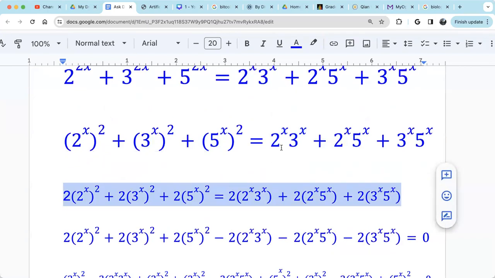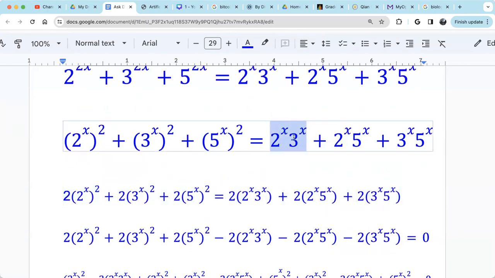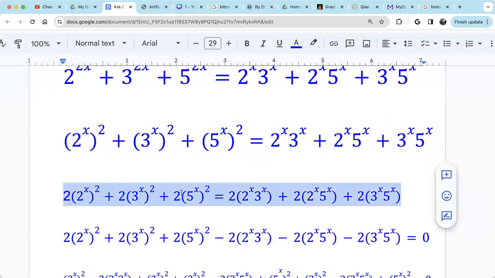Because the middle term is 2ab, we need the square terms twice. Each one appears twice in the middle terms, so we need twice the square terms. So we multiply by 2.